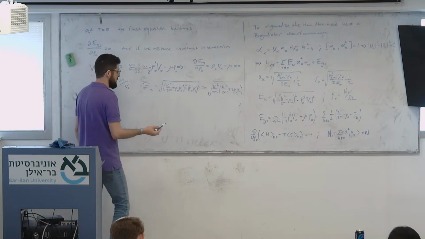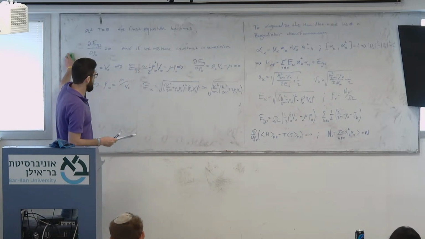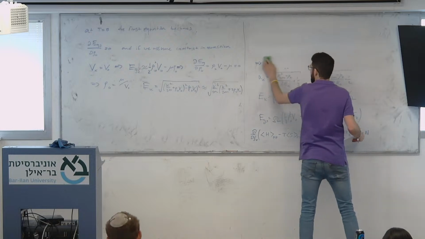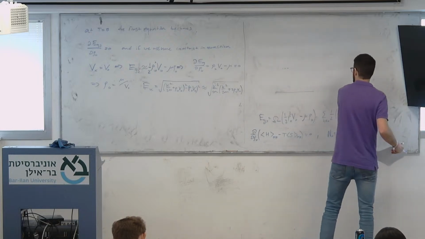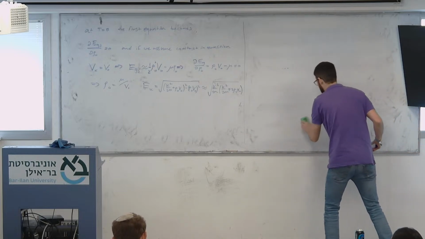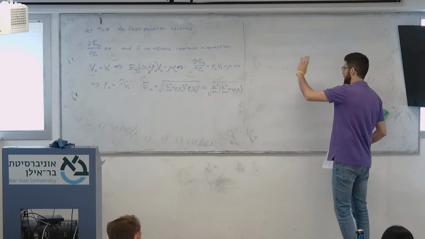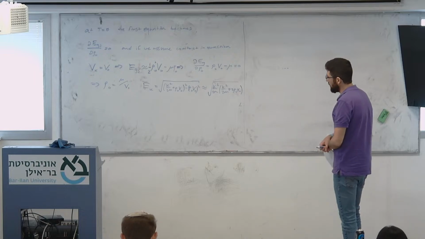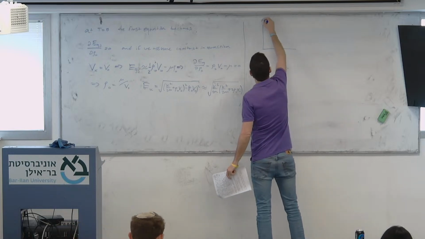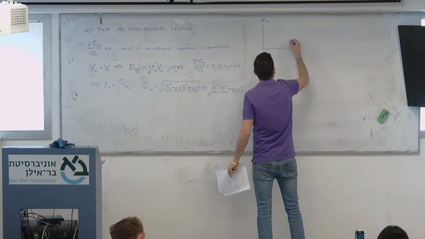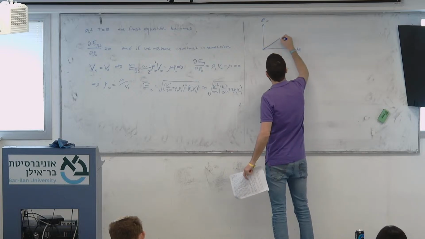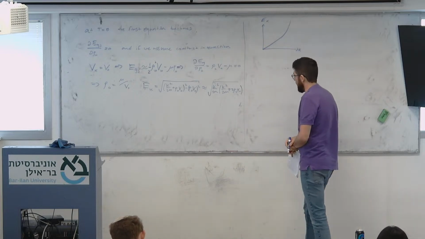So what does this imply? It implies that these Bogoliubov excitations, in this special case where it's weakly interacting with a contact interaction, have an excitation spectrum EK that is basically linear, and then transforms to quadratic.